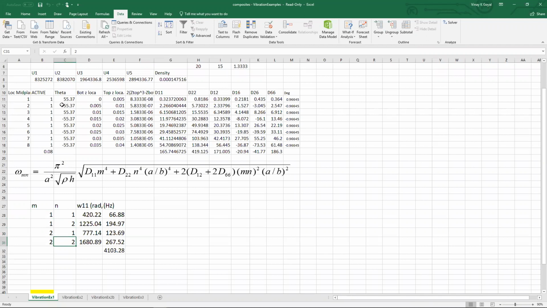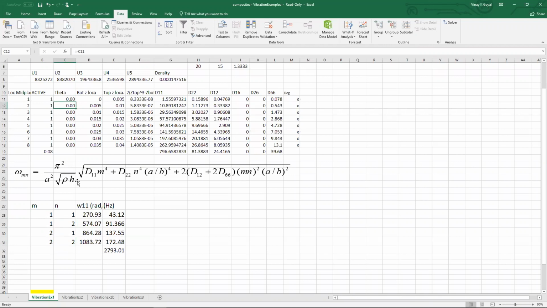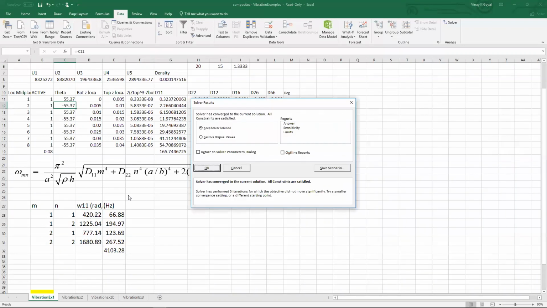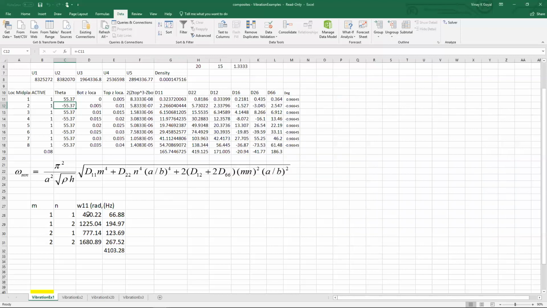Then we can start with 0 degrees and see what happens. Again, that's low, so let's see if the solver finds a solution. We're going to change the ply angle and see where that goes. You can see here that I still get 55.37 as a solution, so it actually pushes all the frequencies up for this particular problem.